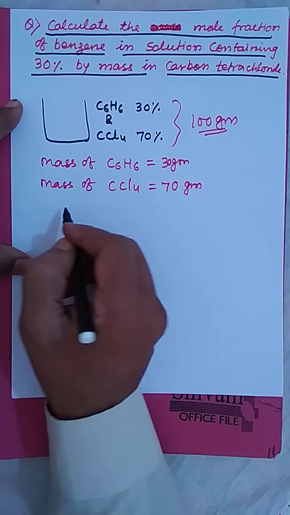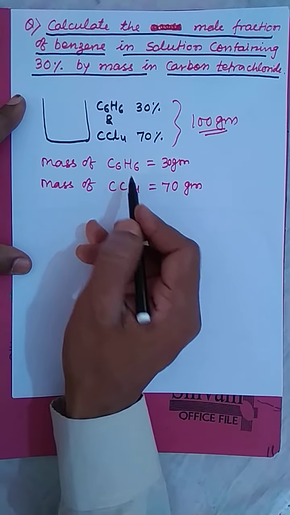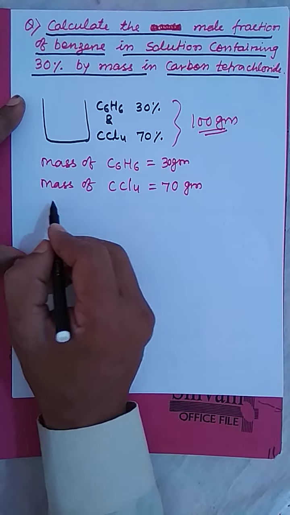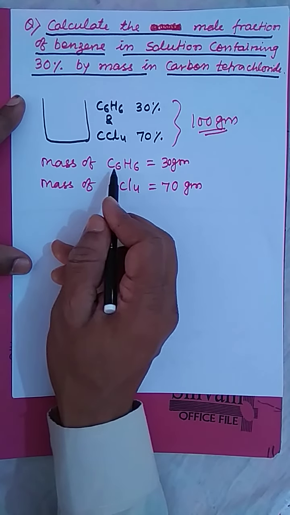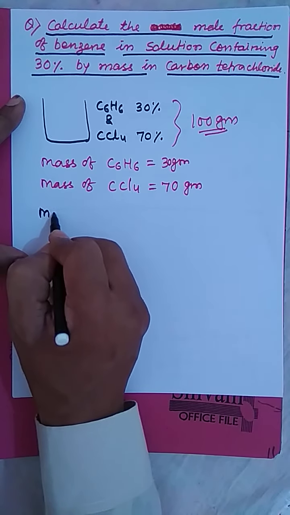So first of all, we calculate the number of moles of benzene and carbon tetrachloride. So for that, we calculate the molar mass of benzene and carbon tetrachloride.